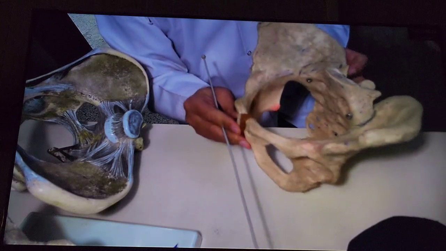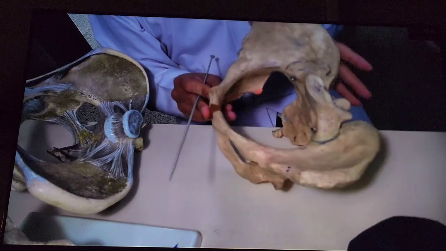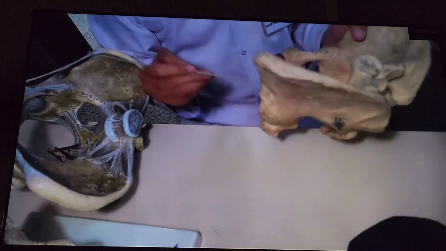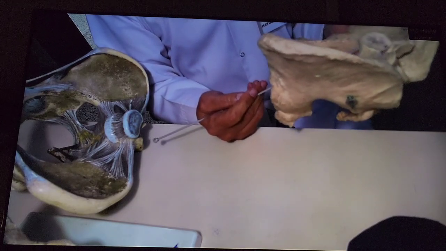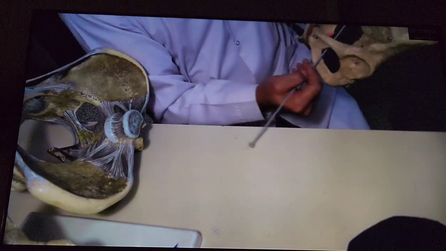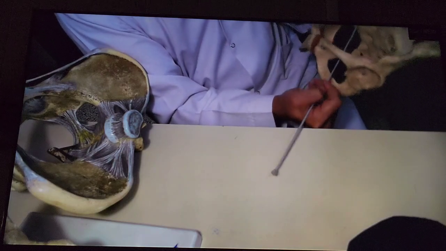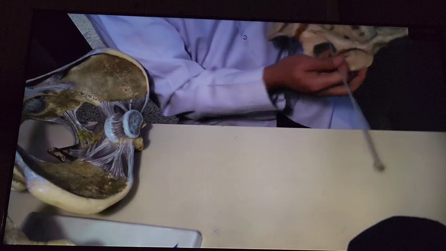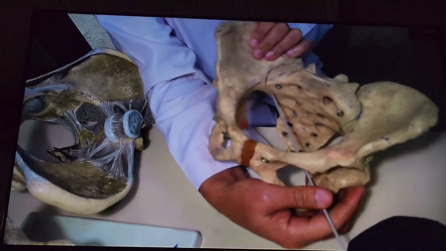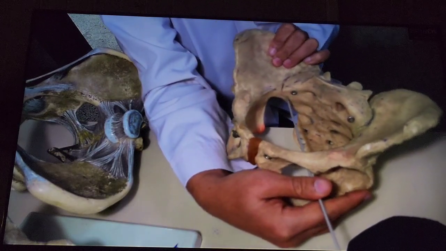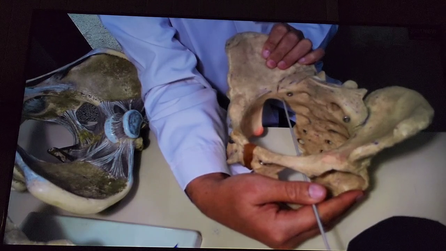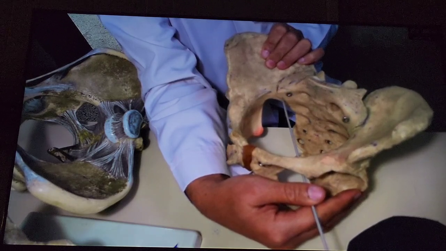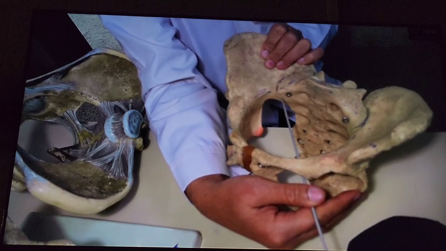The oblique diameter joins the ischiopubic rami, or rather the sacroiliac joint to the opposite side, forming an oblique dimension or diameter, and it is about 12.5 centimeters.